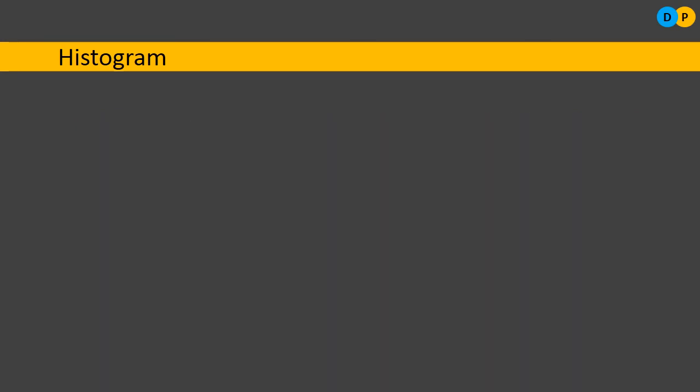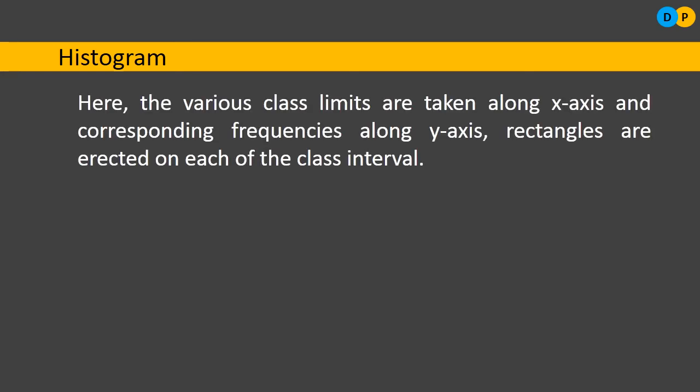Now let us understand another concept regarding the pictorial representation: what we consider on the x-axis and on the y-axis, because these are two-dimensional diagrams. A histogram is a graphical representation of a frequency distribution. What is the x-axis representing? What is the y-axis representing?